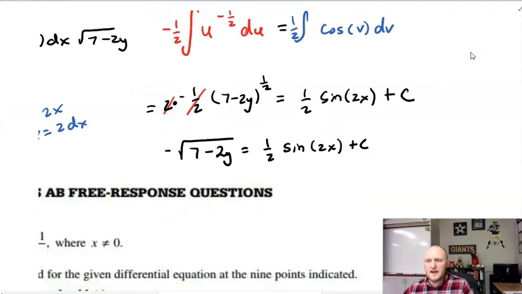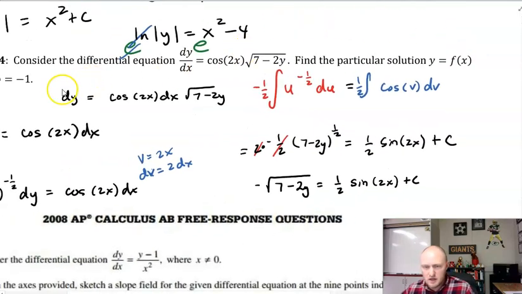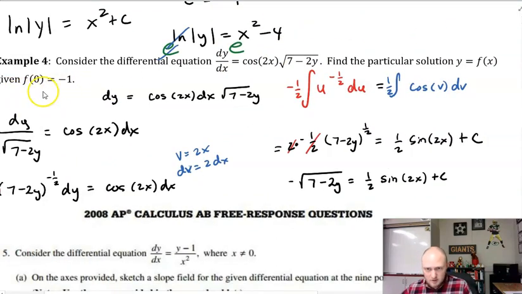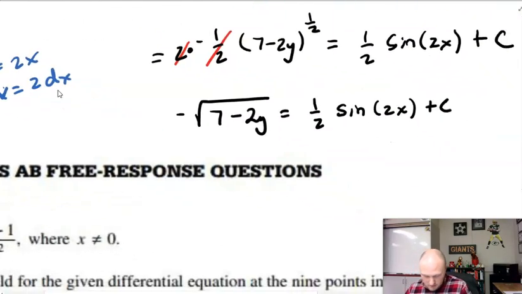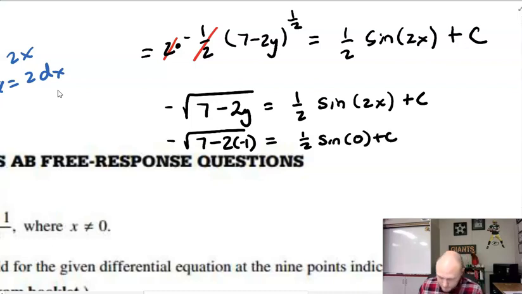Now my initial value that was given, I'm going to plug in. So we got 0, negative 1. So negative square root of 7 minus 2 times negative 1 equals 1/2 sine of 2 times 0. That's just going to be 0.